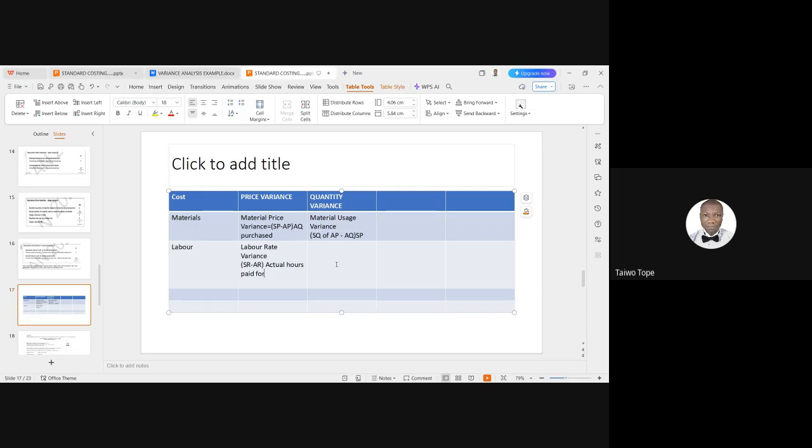What will be the effect on the overall performance? So when you're talking about efficiency, you are looking at the number of hours it takes to achieve a particular task. What is the standard that has been set? What is the actual?